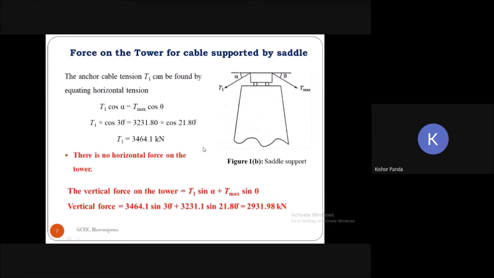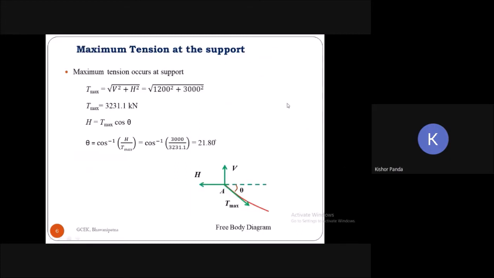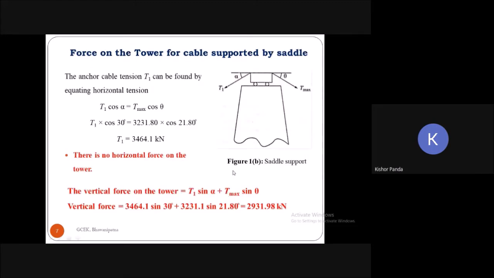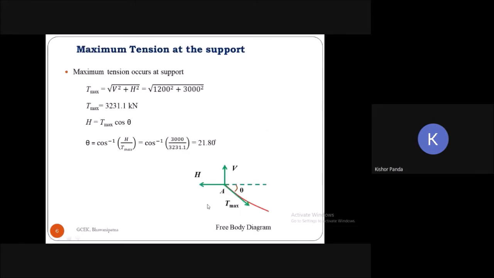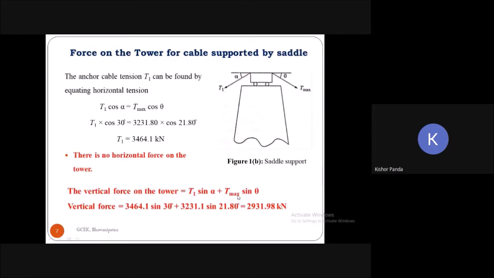Then find out what are the forces acting on the tower when the cable is supported by saddle. So this is the maximum tension in the cable Tmax. So here you got the Tmax is equal to 3231.1 kilonewton. When you are taking the saddle support at A, so this side the tension in the cable is your Tmax.